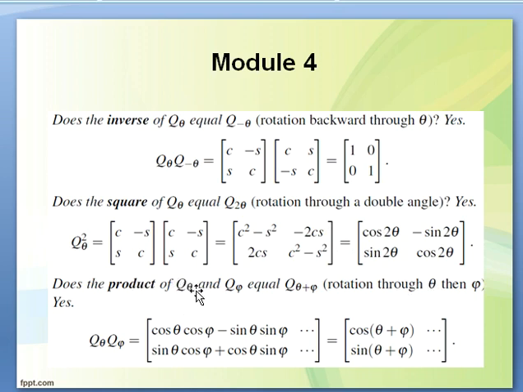And even the product, let's say there are two angles of rotation, one theta and another phi: is the product of the first rotation matrix and the second rotation matrix equal to the rotation by the sum of both angles? That is also true, and we can verify it with trigonometry. I don't think much complexity is there.